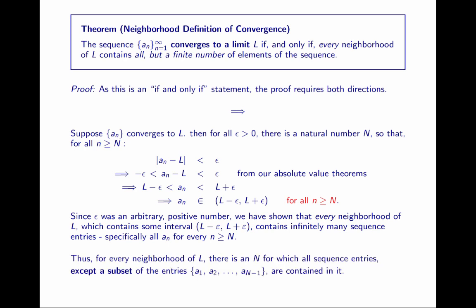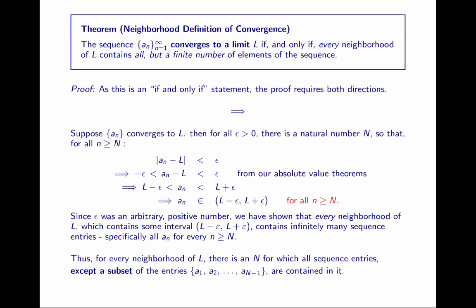Thus, for every single neighborhood of L, there is an N for which all sequence entries except a subset of the entries a_1 through a_(N−1) are contained in it.